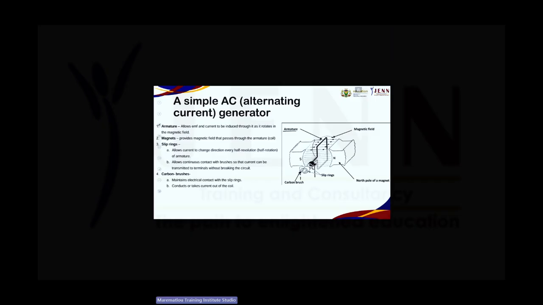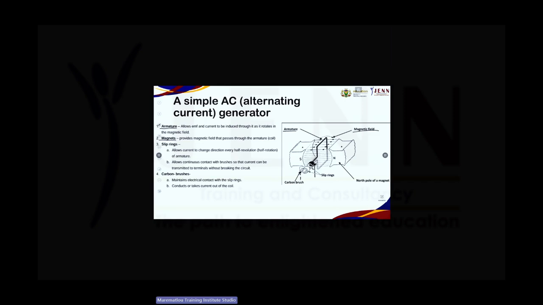Then we also have our magnets. Our magnets help to create a magnetic field. So we are taking the armature and moving it in the vicinity of a magnetic field, and that creates your electricity.